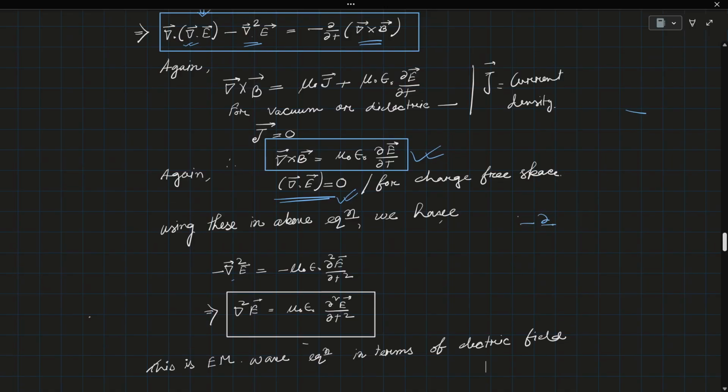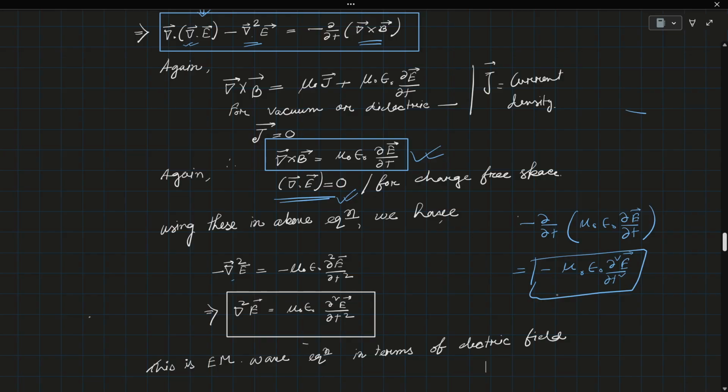So minus del by del t of del cross B, where del cross B equals mu naught epsilon naught del E by del t. But mu naught and epsilon naught are constants, so I can write minus mu naught epsilon naught, and I can write it down as this.